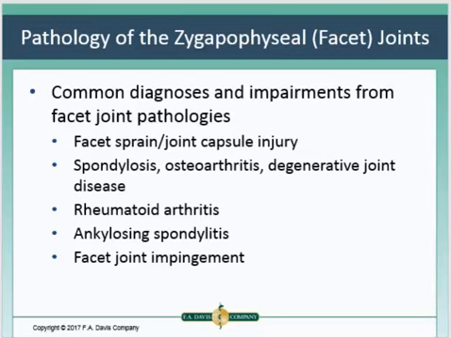So if you have a 60-year-old coming in who's never had this diagnosis, this is not the first thing you should be thinking of. If they have hypomobility, it is probably not from ankylosing spondylitis. But if you get someone in their 20s and they have significant loss of motion, you need to consider this.